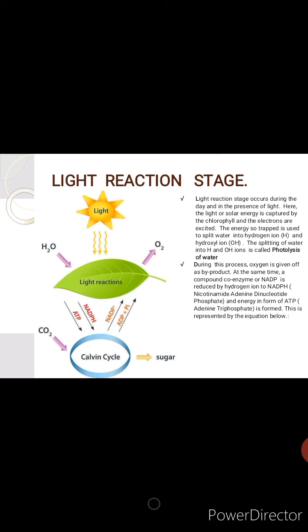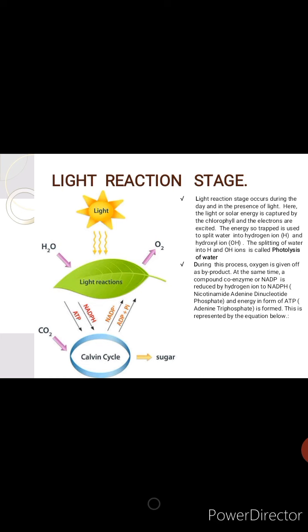Now, the energy so trapped is used to split water into hydrogen ion, that is H+, the positive ion, and hydroxyl, which is OH. This process of splitting of water is called photolysis of water. During this process, oxygen is given off as a byproduct, and at the same time a compound coenzyme, NADP, is reduced by hydrogen ion to NADPH.